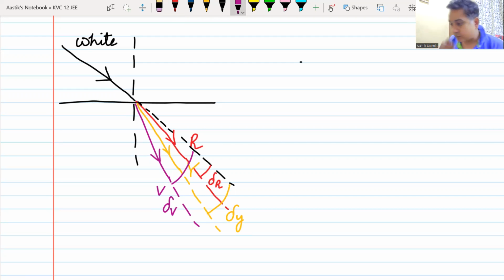Everyone got this? Deviation of the three. Now this deviation only happens when it is getting refracted by one surface or by a prism. Now I'm going to show you what happens when it gets refracted by a slab.